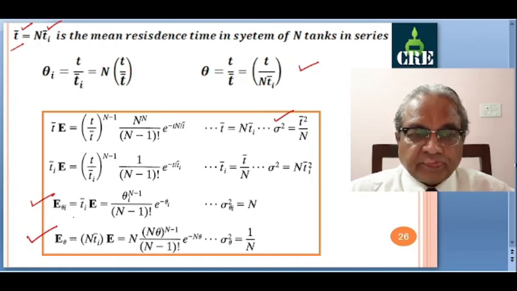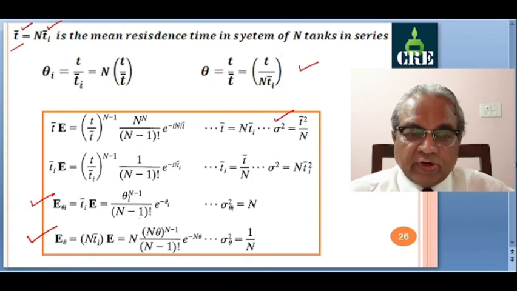E theta i, okay, and E theta. This is for single individual systems. So you can have E theta 1, E theta 2 and so on. And this is for total system of n tanks in series. So this we have already discussed. This is just reproduced from there.